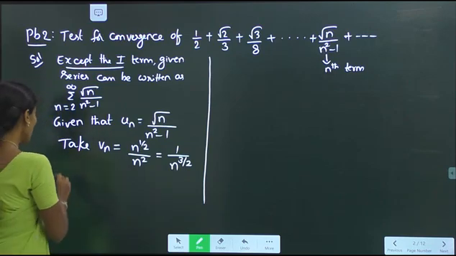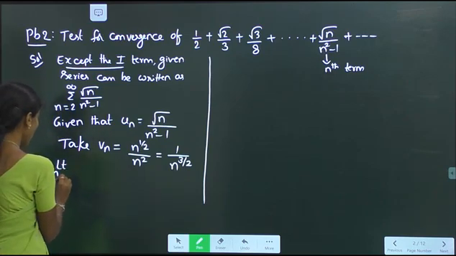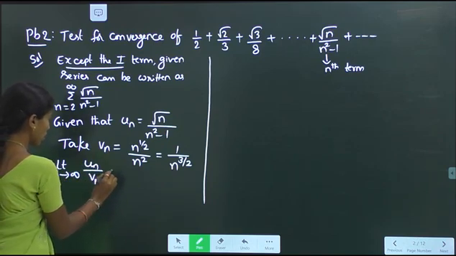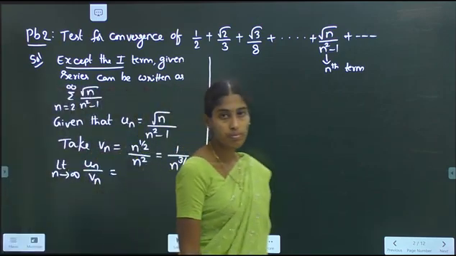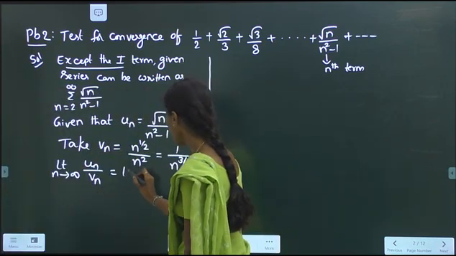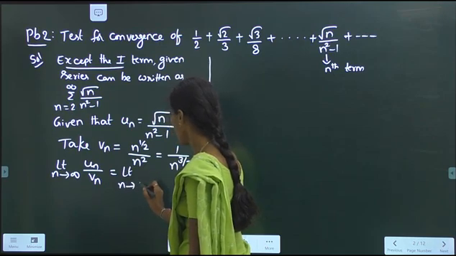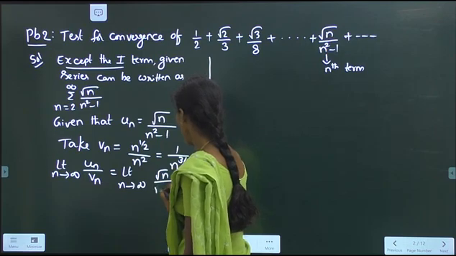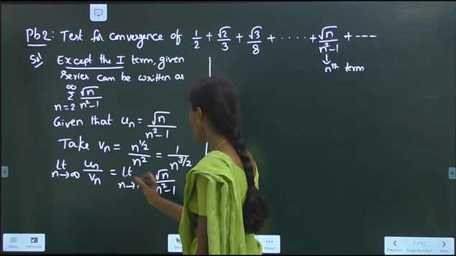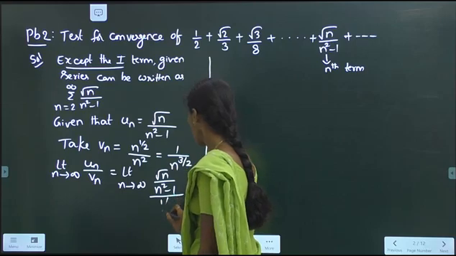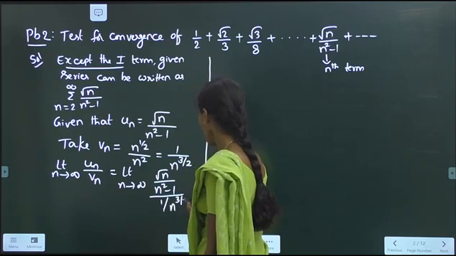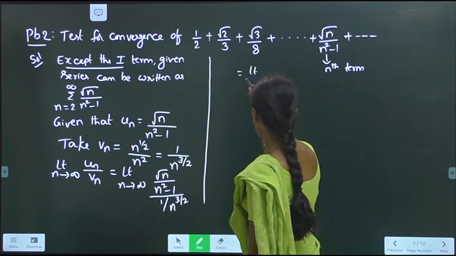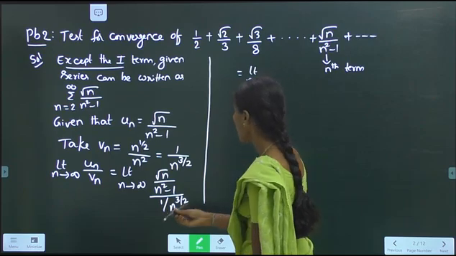Now, we apply the comparison test limit form. Limit n tends to infinity, un by vn equal to, right? So, limit n tends to infinity. What is un here? Root n by n square minus 1 by vn is 1 by n power 3 by 2, which is equal to limit n tends to infinity.